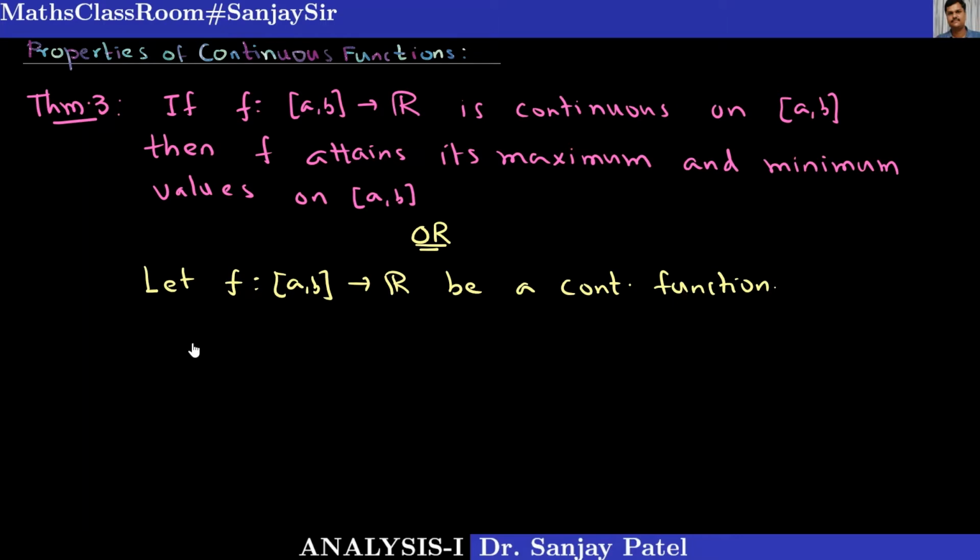And since it is bounded and has its minimum and maximum value, suppose the maximum value is say capital M and the minimum value is small m of this function. So I can write that the maximum value, which is also called least upper bound, and the greatest lower bound, are obtained for this function.